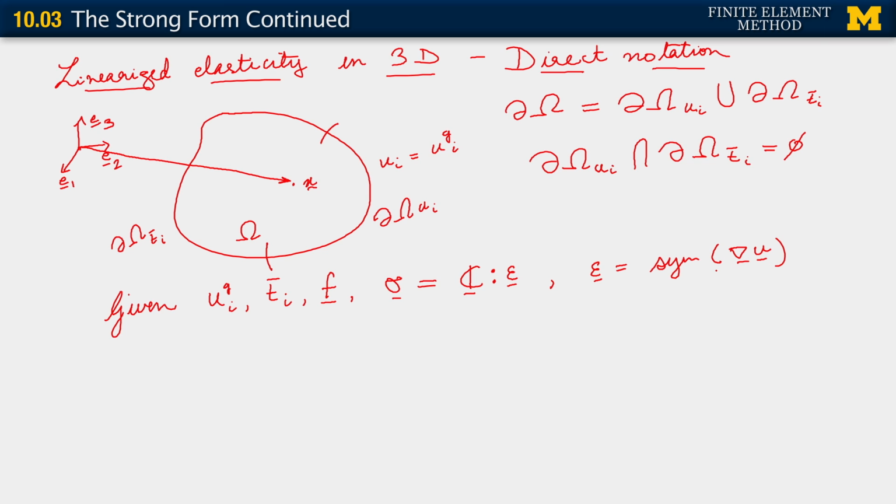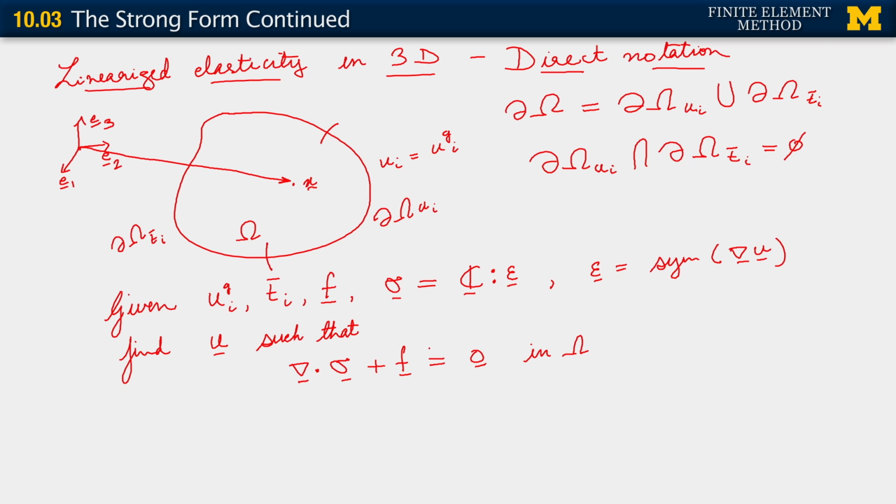given all of this, find u such that we have the divergence of sigma plus f equals a zero vector in omega.